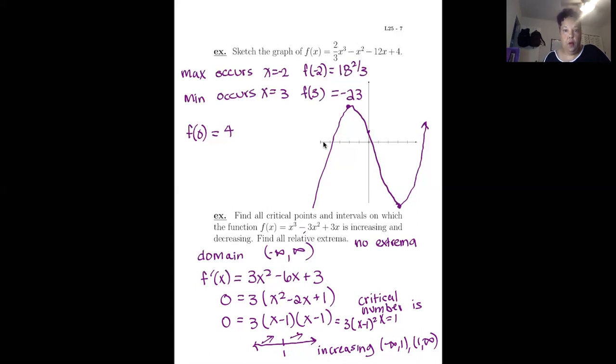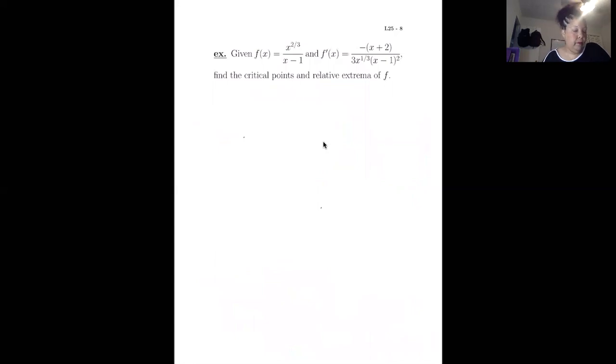All right, let's try one more example. Given f of x equals x to the 2/3 over x minus 1, and they give us our derivative, which is f prime of x equals negative x plus 2 over 3x to the 1/3 times x minus 1.